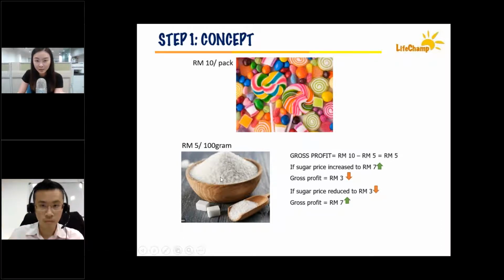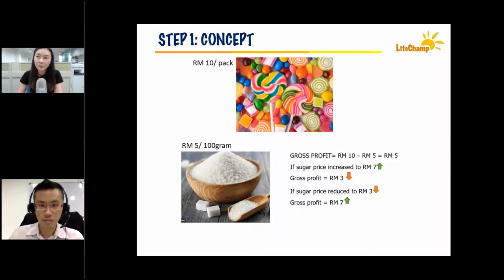So for this 100 gram, she makes the candies, and her profit at this price of sugar is 10 ringgit minus 5 ringgit, she makes 5 ringgit profit. Imagine that if sugar price increases to 7, the profit will drop to 3 ringgit. And if sugar price drops, then Mary will make more profit from it, right?